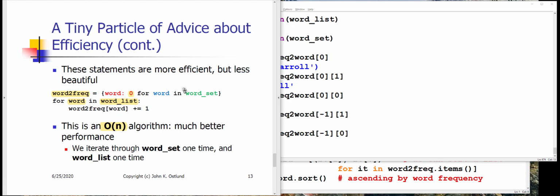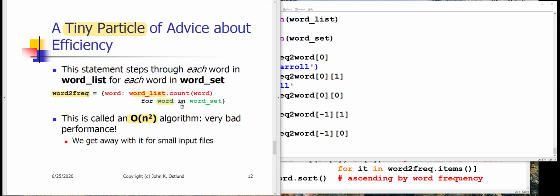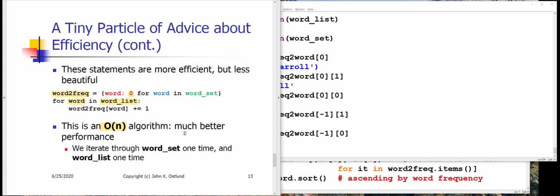I do just want to point out that you will encounter situations where when you get your program to work, it runs too slowly. And then you need to figure out which part of it is running too slowly and see if you can rewrite that part of the code to significantly speed it up. All right, well, that's the end of my efficiency tidbit.